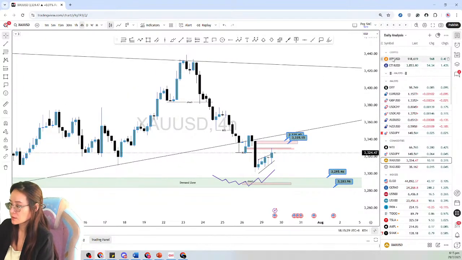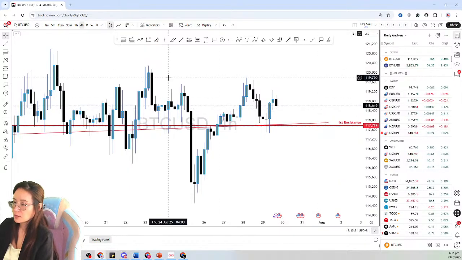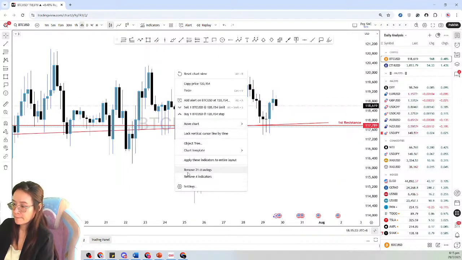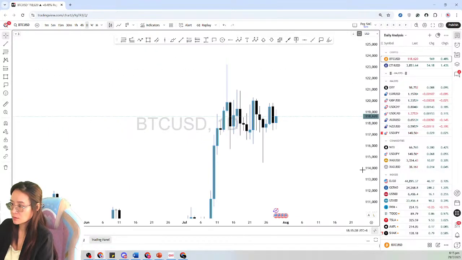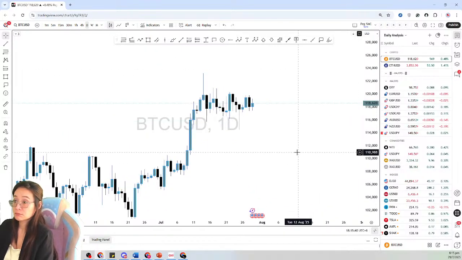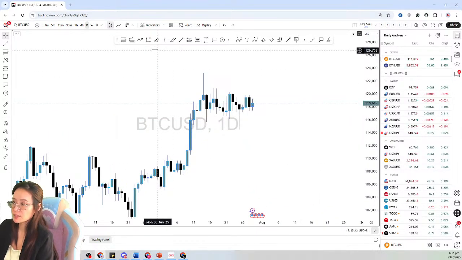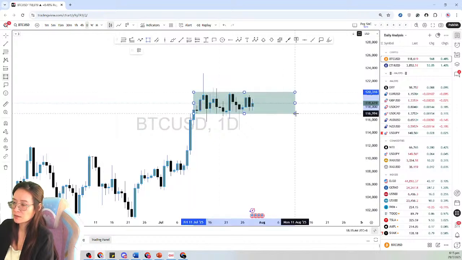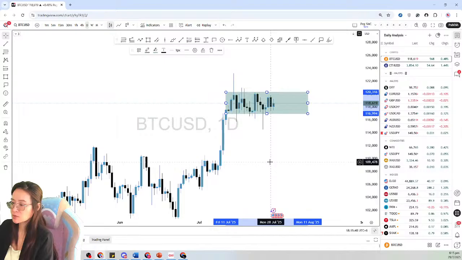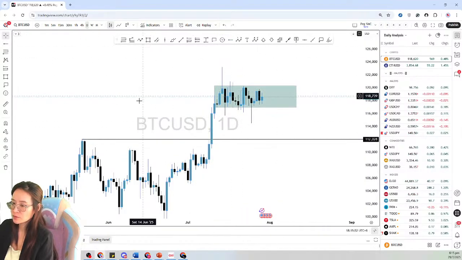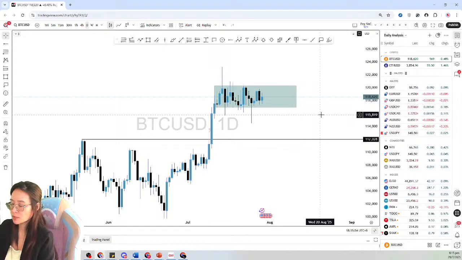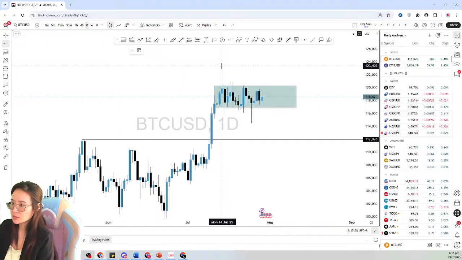BTC and Ethereum. Basically BTC is sideways in D1, to me. The key level is here. You can mark out this support level. All-time high is the resistance.